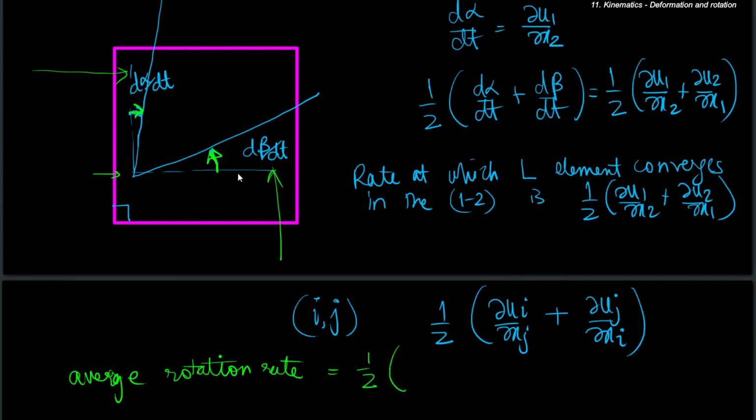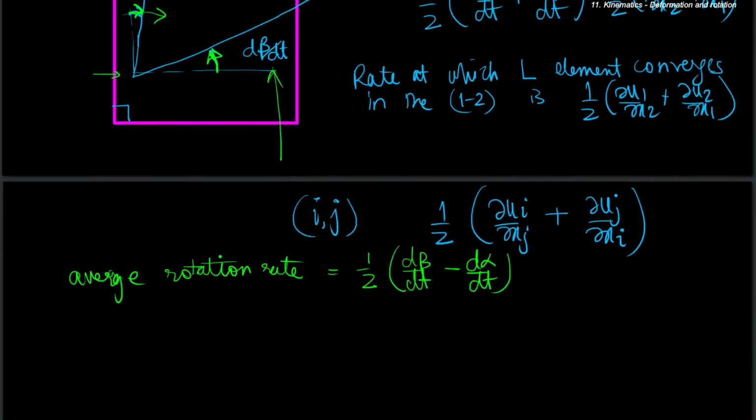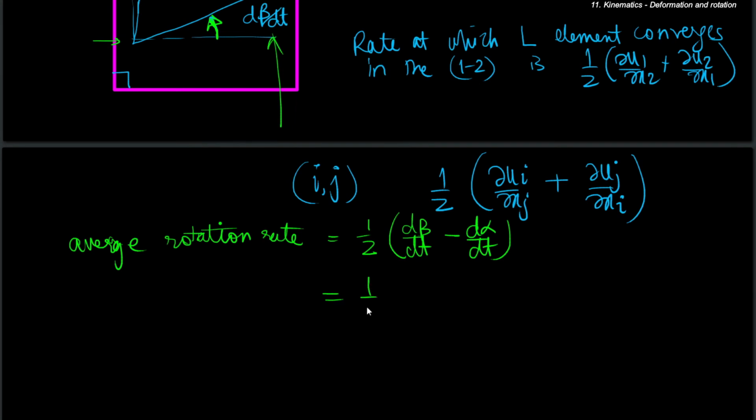So this rotation rate is positive d beta dt minus d alpha dt, because this is trying to rotate in the clockwise direction, and this will essentially give us half of del u2 del x1 minus del u1 del x2.